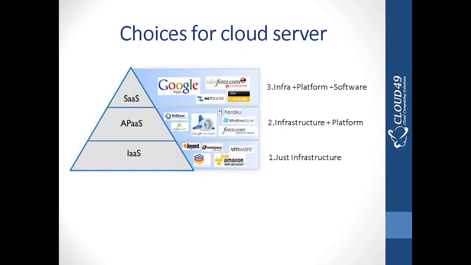It is just infrastructure. Many companies provide the compute only, they provide you a virtual machine where they will give you only CPU, RAM and storage and the network device.